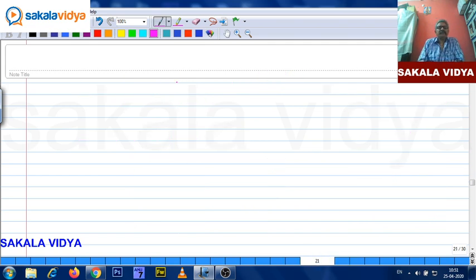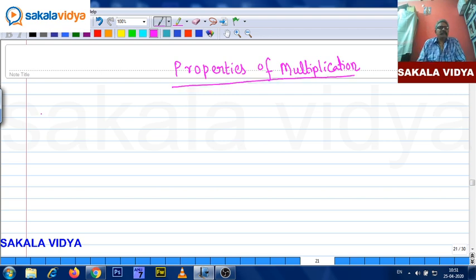So, properties. Let us discuss properties of multiplication. First property: if AB is defined, BA may not be defined.